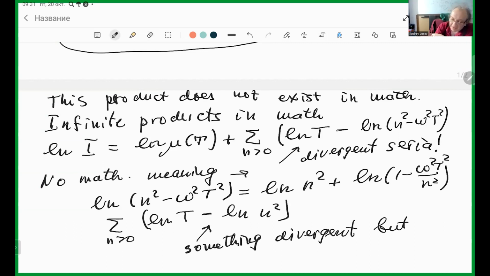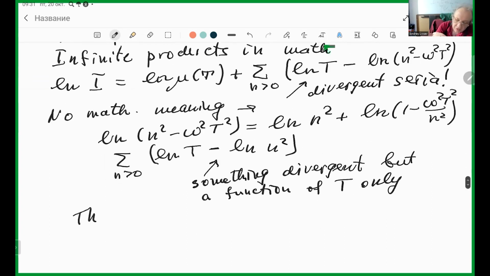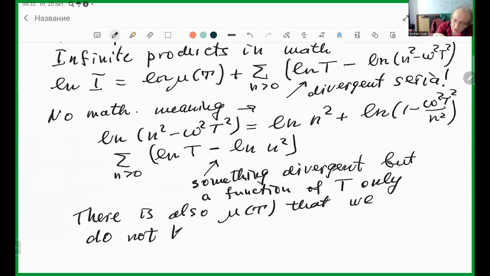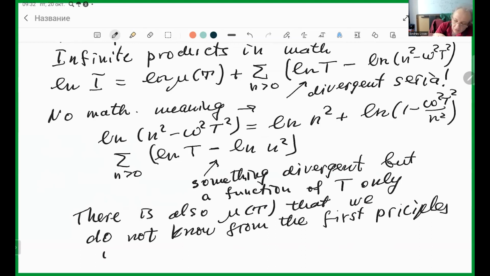Something divergent, but a function of t only. And there is also mu of t that we do not know from the first principles of Feynman approach.